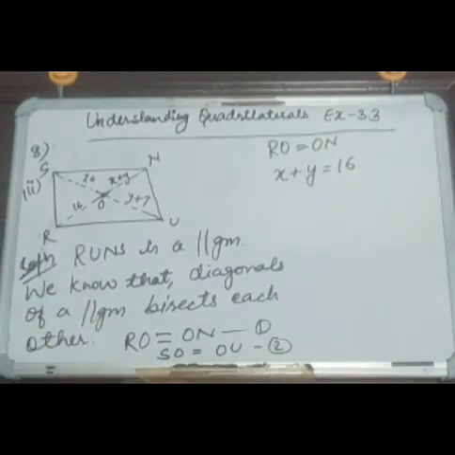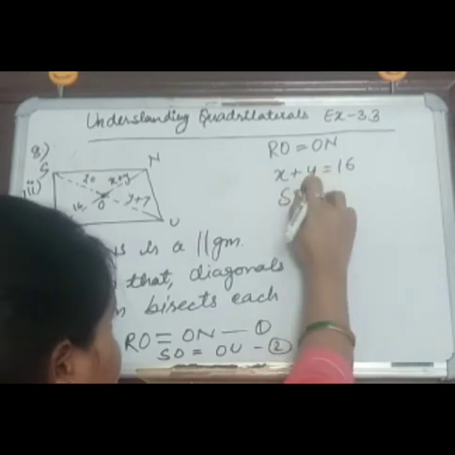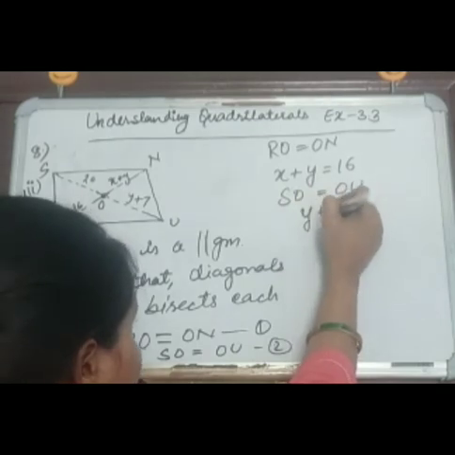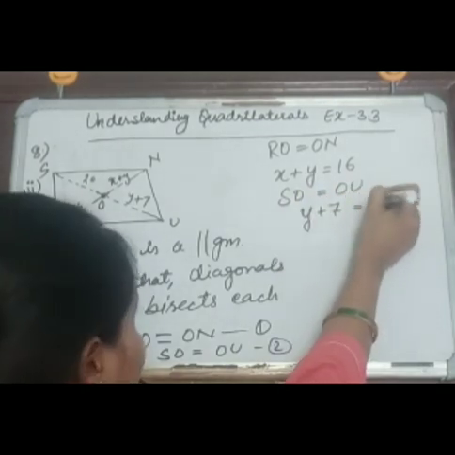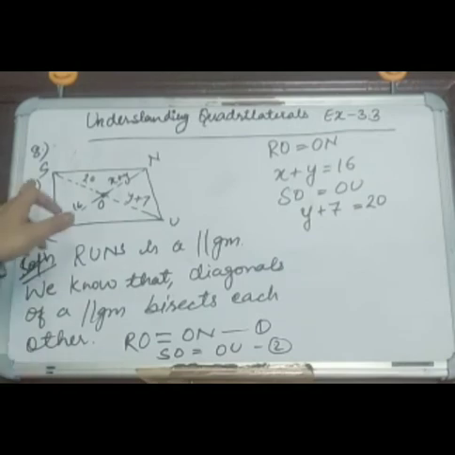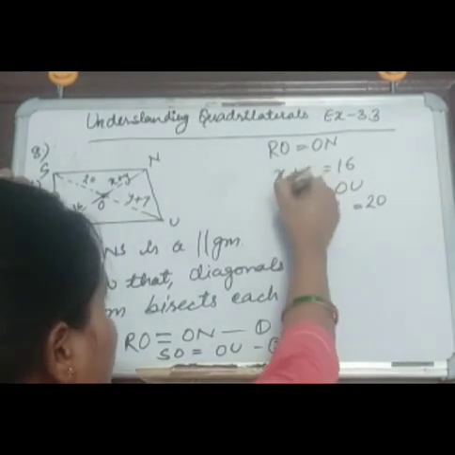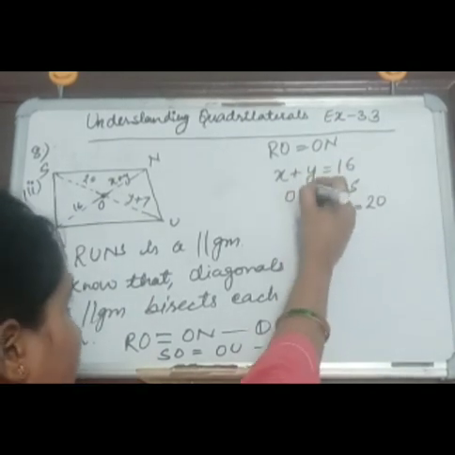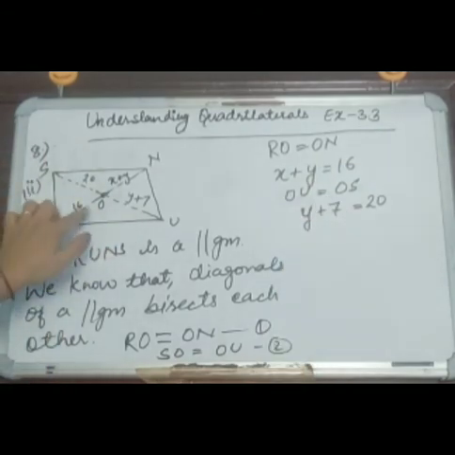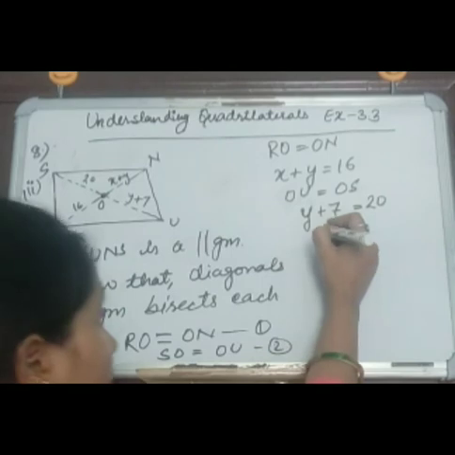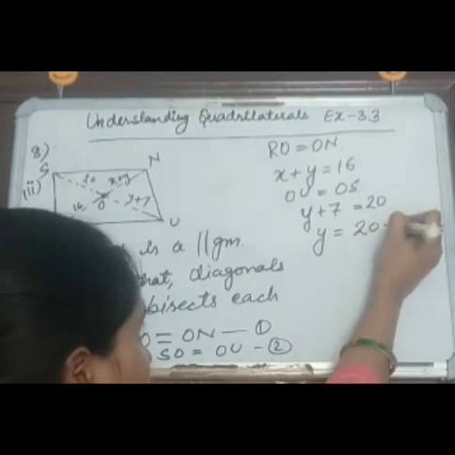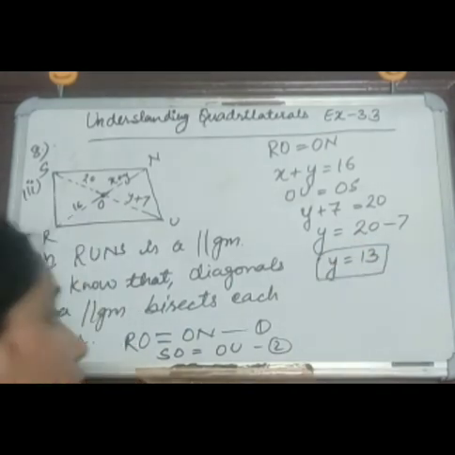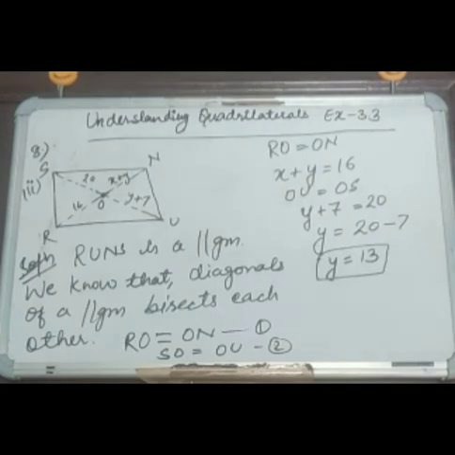And second, SO is equal to OU, that is y plus 7 is equal to 20. In place of OU I will keep the length of OU, which is y plus 7. Now from here I can find out y: 20 minus 7. So y is equal to 13.